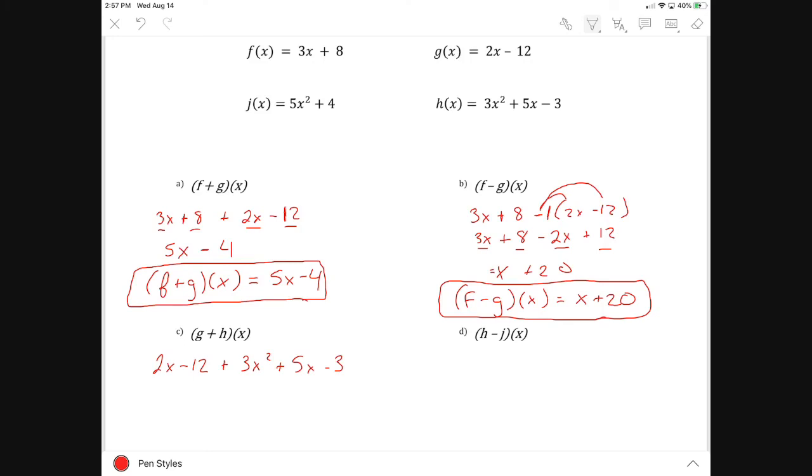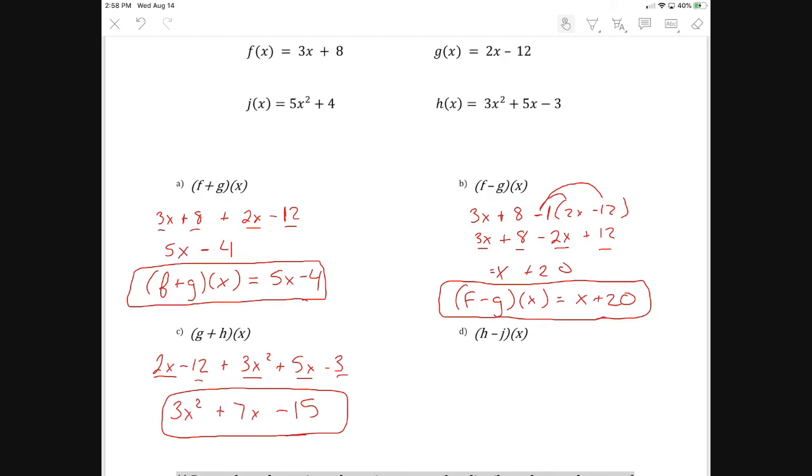That exponent is its own term. It's its own like term. So it's just going to be by itself. So that means our 3x squared doesn't go with anything. Then you have just your x values. So those are going to be 2x and 5x is going to give us 7x. Then we have our negative 12 and our negative 3, which will give us negative 15. So that's our g of x plus h of x.